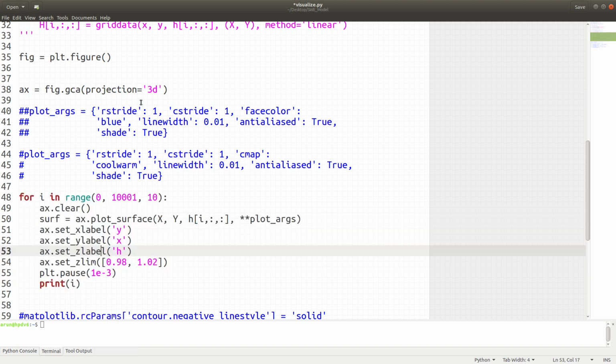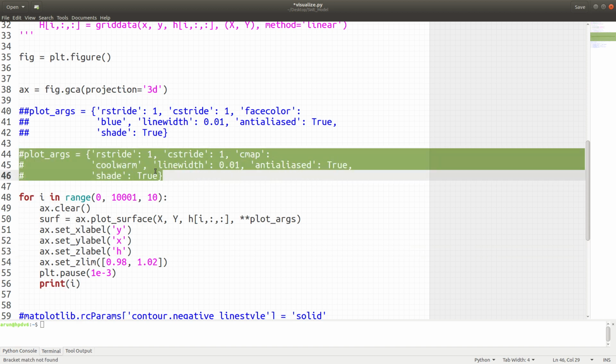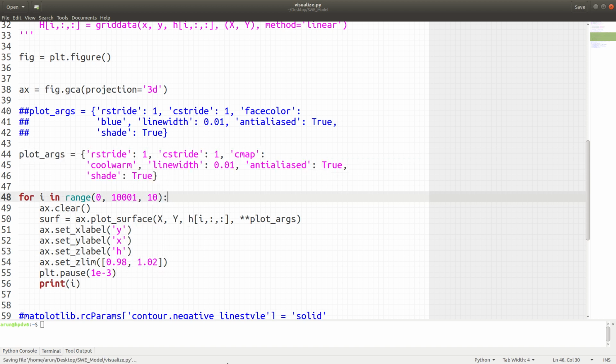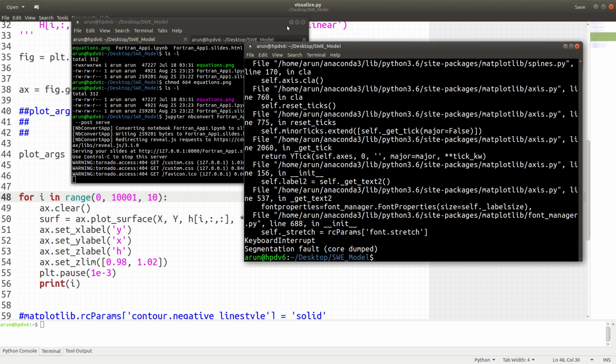Let's see, should I leave this as it is? Okay, I need this one. Uncomment the code. Now get ready for an actual two-dimensional simulation.